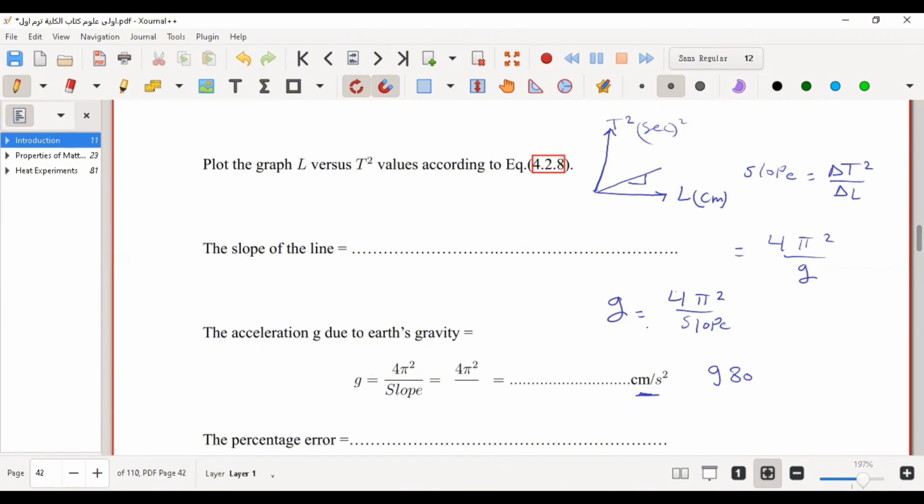Maybe this value will be lower or higher. So there is an error range which may be 950 to 1000 centimeters per second squared. This is the range of the right values of the acceleration due to gravity.